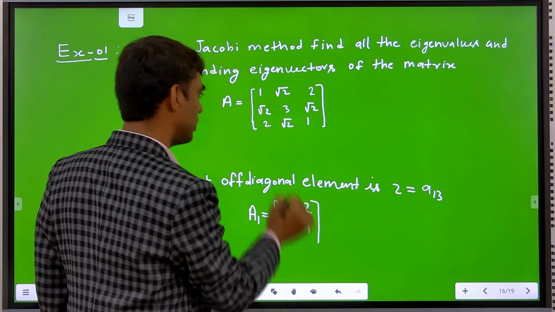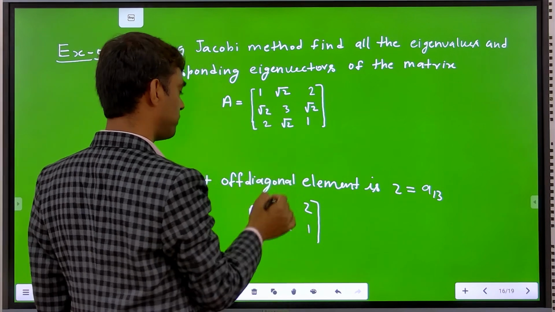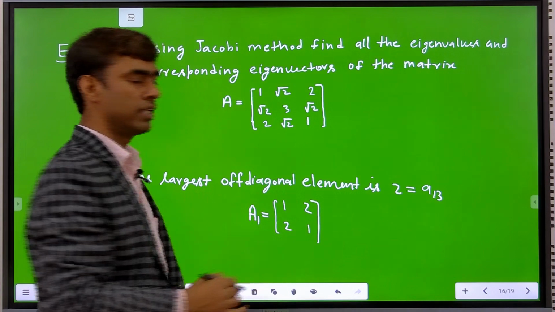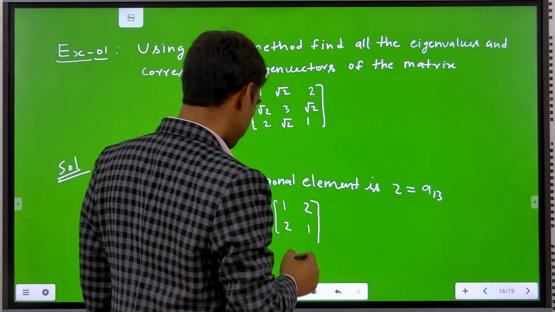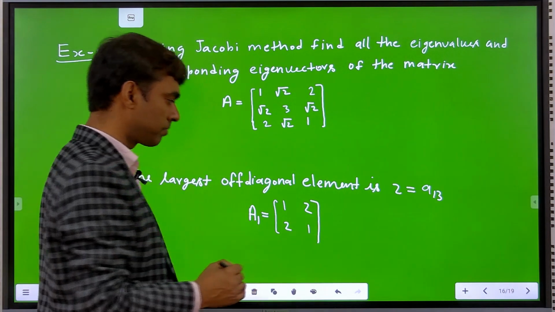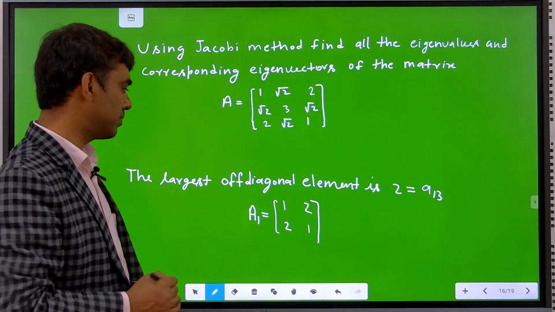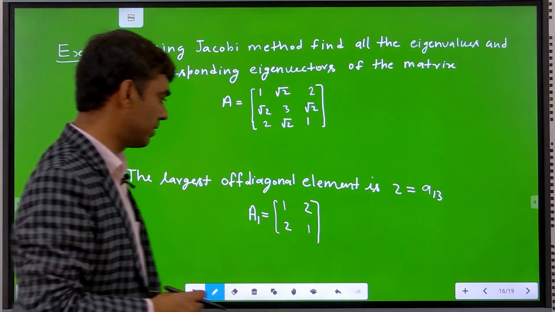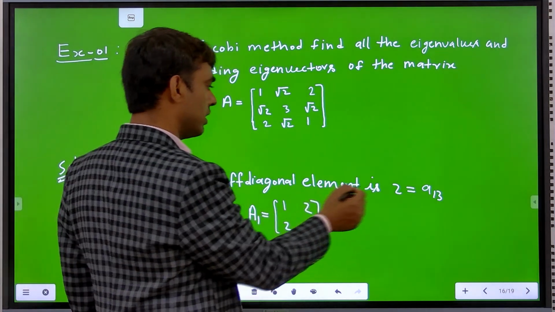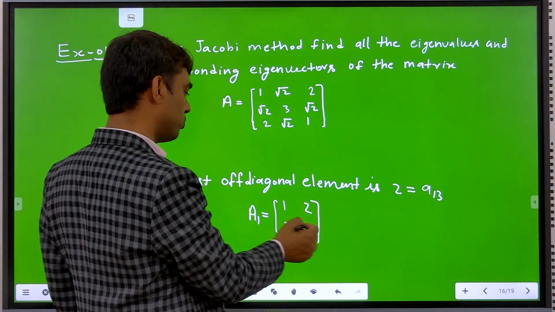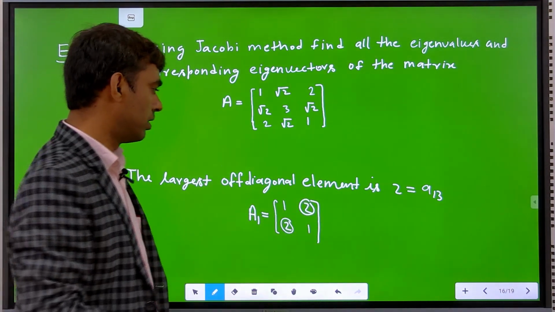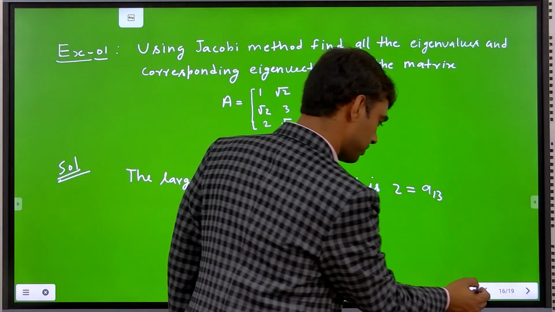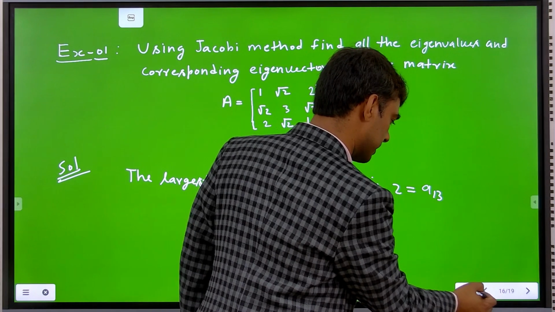We try to convert this part of the matrix into a diagonal matrix. So how do we find a rotation matrix or transformation matrix in order to find a similar matrix? Here A1 equals 1 2 2 1, and we try to make these two elements equal to 0.